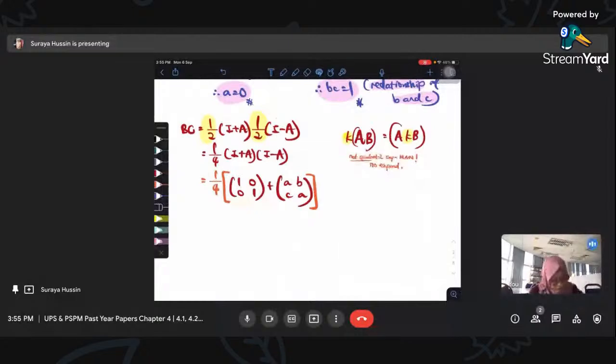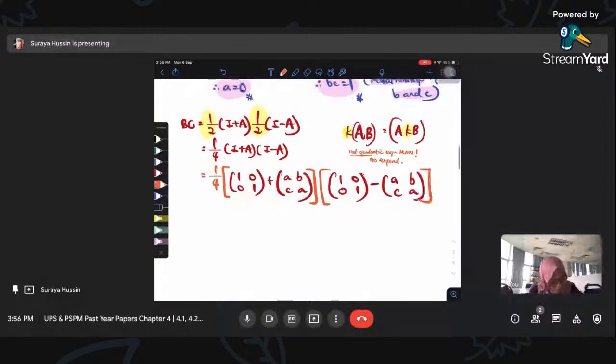And then open another bracket for the identity again, minus A, which is A, B, C, A. Close the bracket. And so, you want to solve the inside part first. Yeah, you want to do the inside part first. Therefore, go on, don't be afraid.